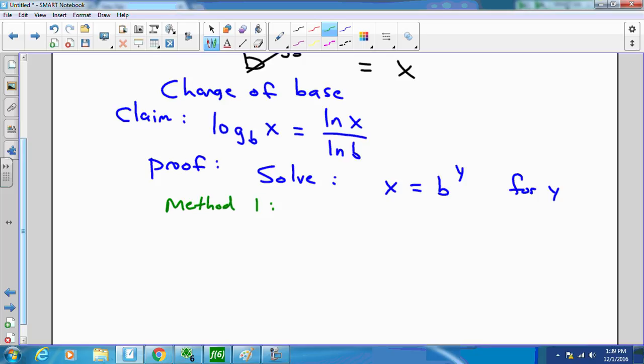The first way of solving it is to simply take the log base b of both sides, because the log base b is the inverse of the exponential b to the y. Therefore, these cancel, and I get y. See, easy solution.